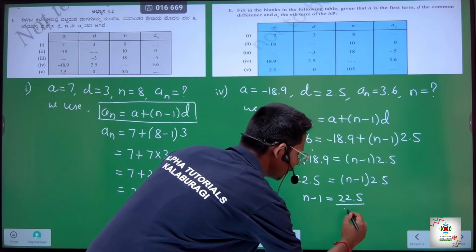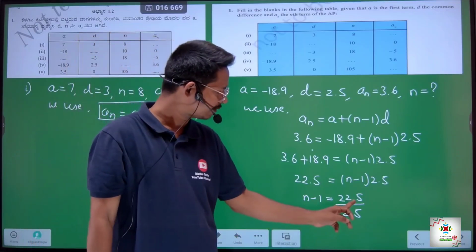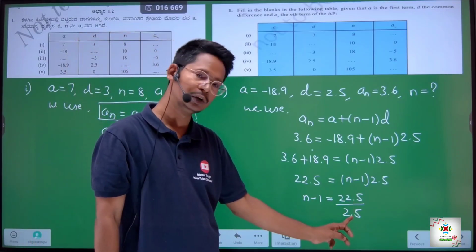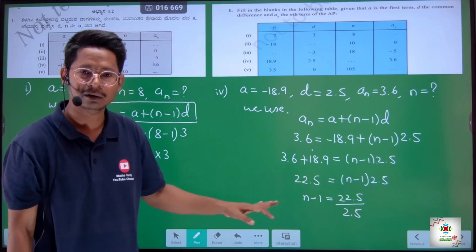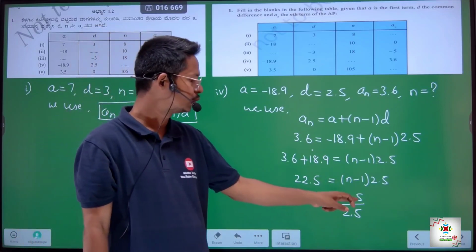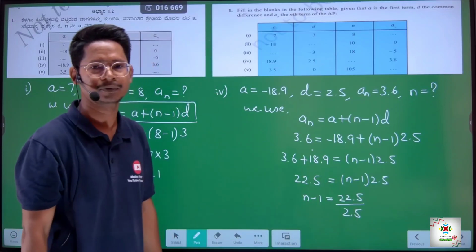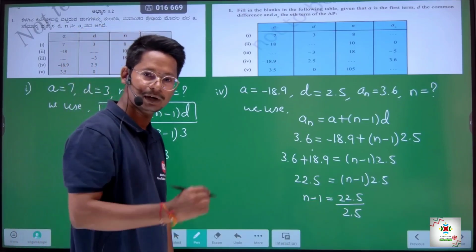22.5 divided by 2.5. Now you can observe, after the decimal there is 1 digit in the numerator, and in the denominator also 1 digit after the decimal. If there are an equal number of digits after the decimal point, you can neglect the decimal point. It is as good as 225 divided by 25, and you can find 225 in the 25 table, which is 25 into 9.